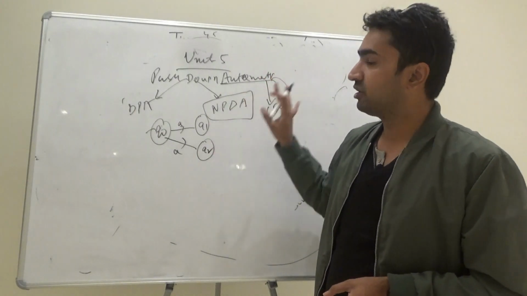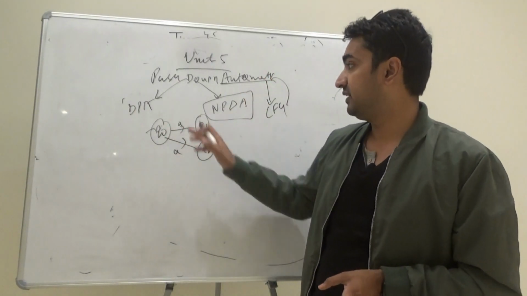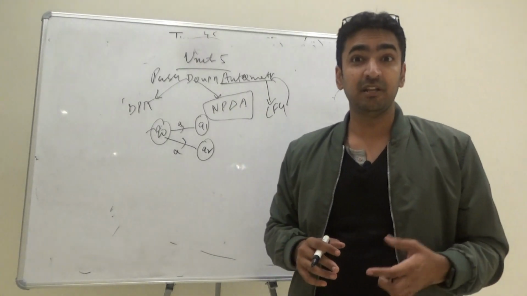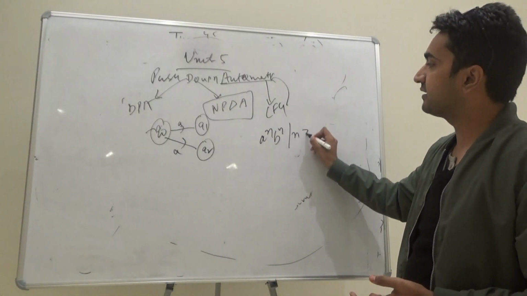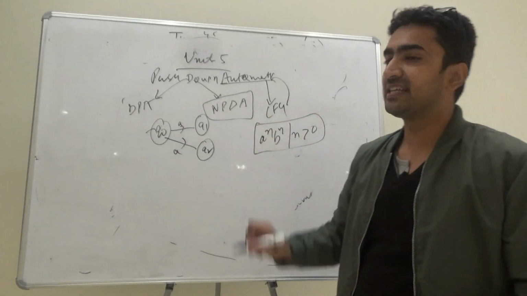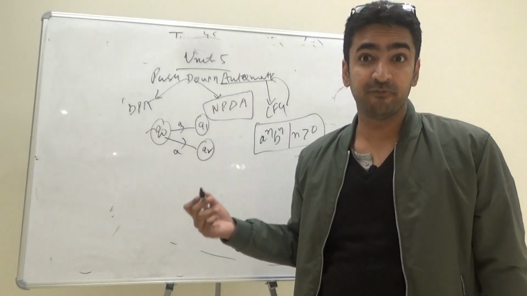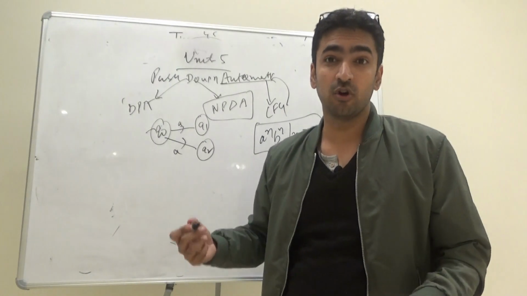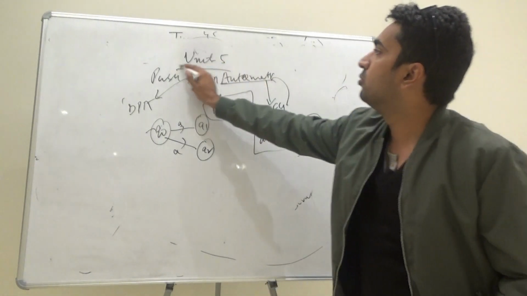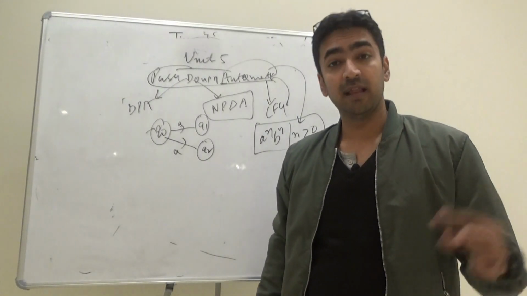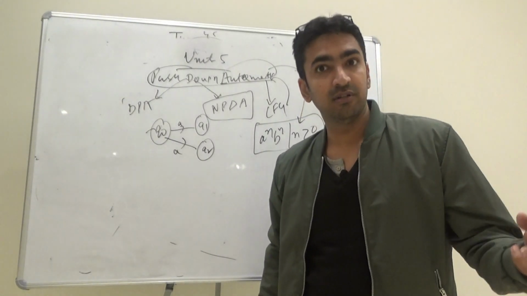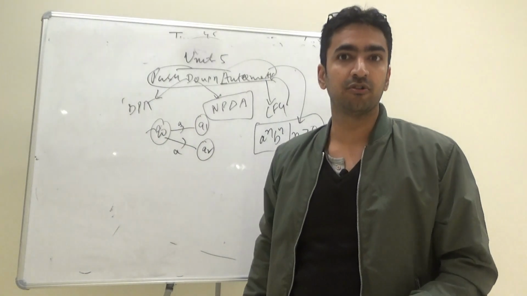There are many questions like, for example, a^n b^n, n greater than 0. By default, which automata solves this? We all know that pushdown automata by default solves this. It can be solved by linear bound automata and Turing machine, but by default pushdown automata.